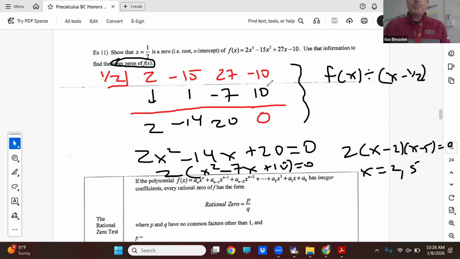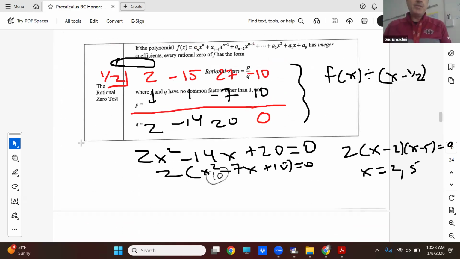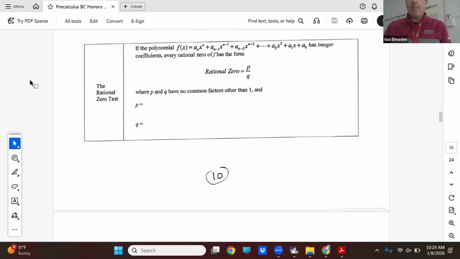That's good, right? The rational zero test, this has really no place in calculus, but I'll just talk about it briefly so you know what's happening here, in case you guys forgot. P and Q. Do you guys remember what P represents?